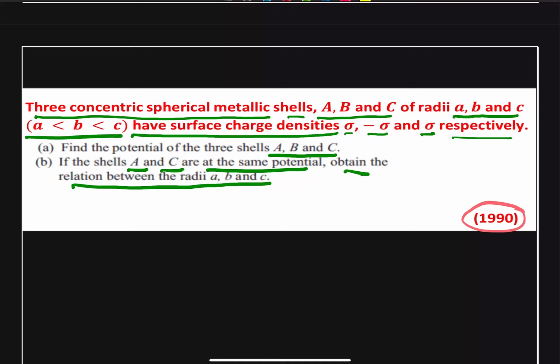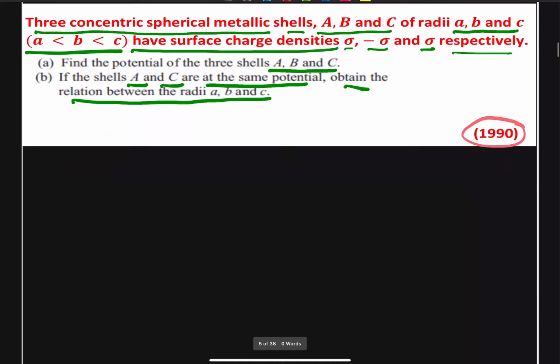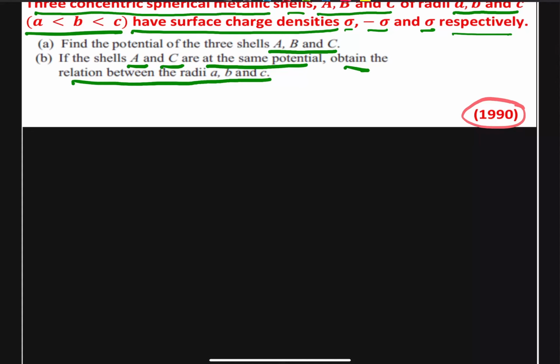So we are given charge in the form of their surface charge density. So let us draw an approximate figure for that. So this is shell A having a radius of a. Then we have our shell B having radius of b.